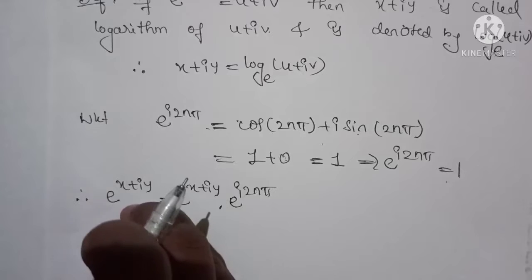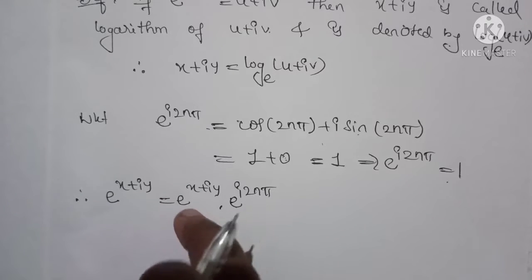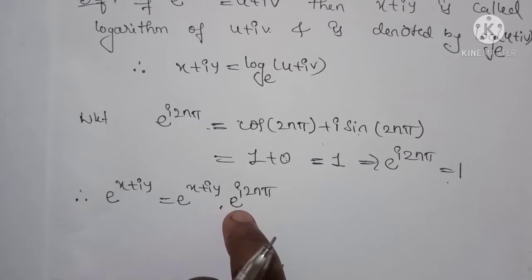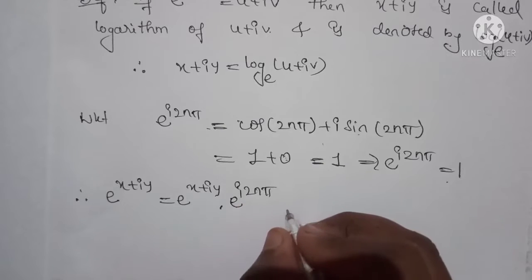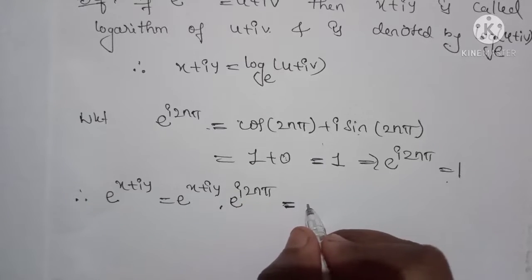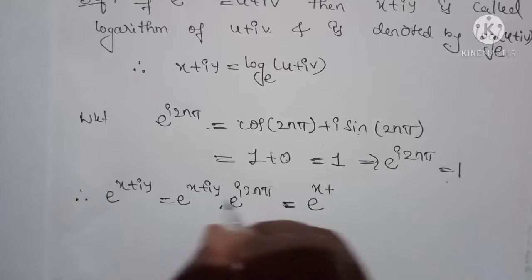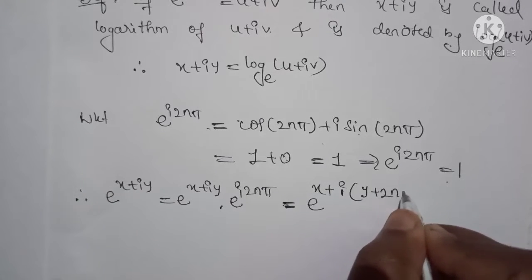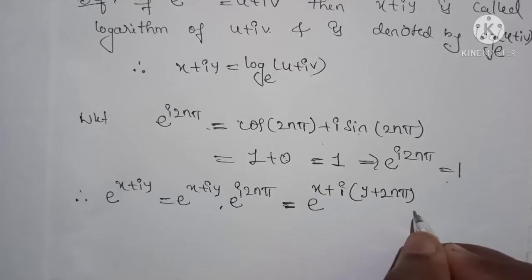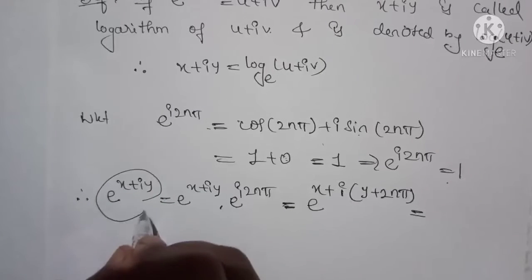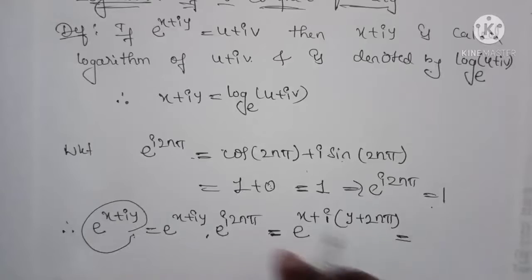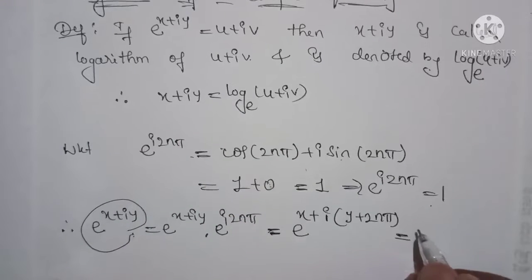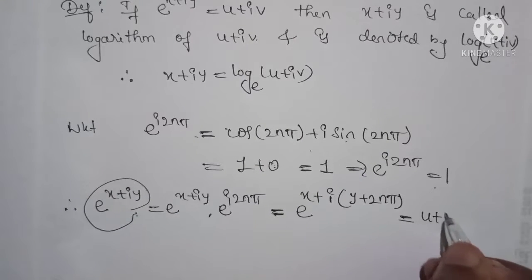So the value doesn't alter here, therefore we consider e raised to x plus iy into e raised to i 2n pi. So then we get e raised to x plus, on taking i common, y plus 2n pi, which is equal to e raised to x plus iy, which is nothing but u plus iv.